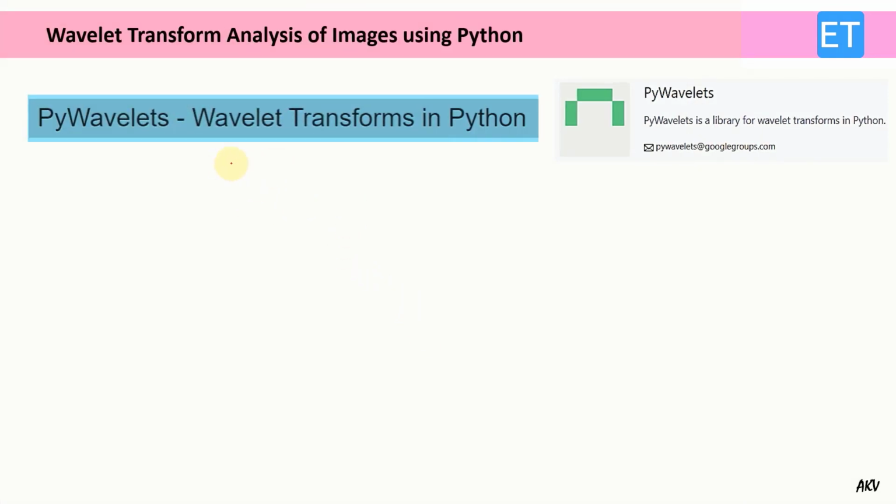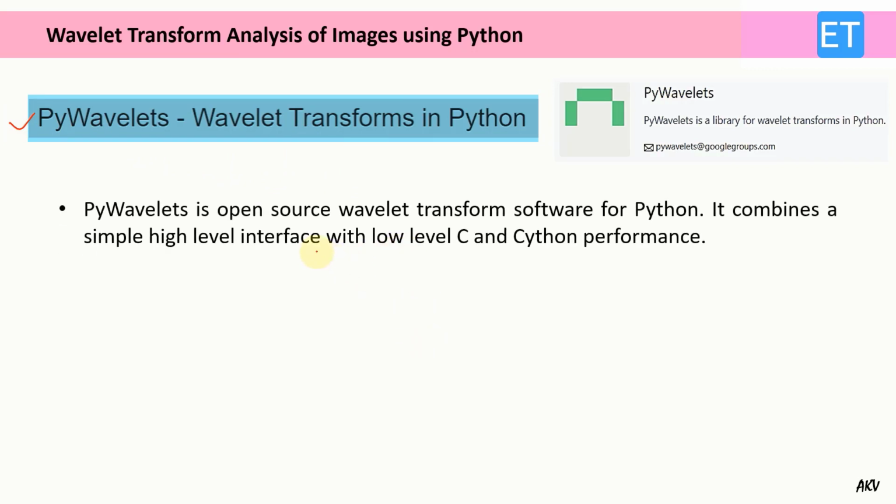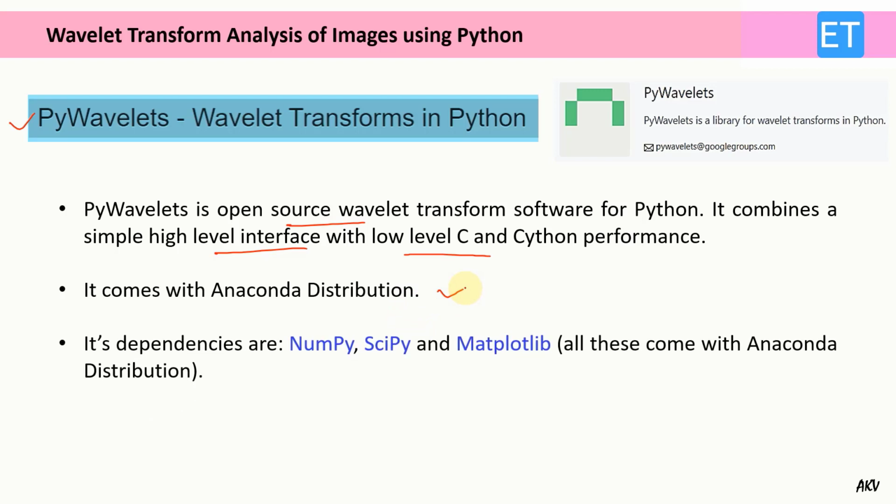And now this is the PyWavelets Python package that will be used to do the wavelet transform. It's open source, and it combines a high level interface with low level C and Python performance. One good thing is that it comes with the Anaconda distribution, so there is no need to install it separately.